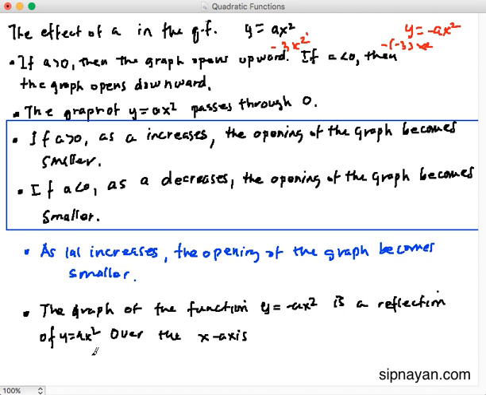So nagre-reflect sila. Yung graph nito, reflection nito over the x-axis. Pareho lang naman sila dyan, iba lang yung direction nila dalawa.